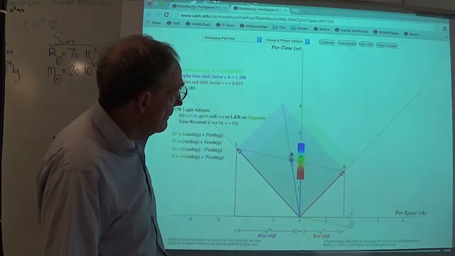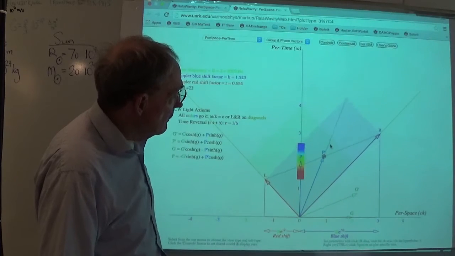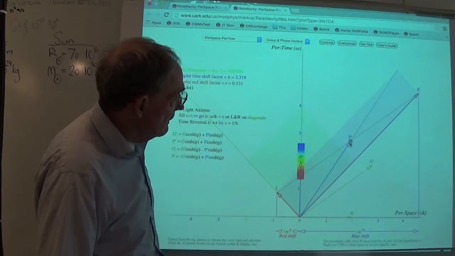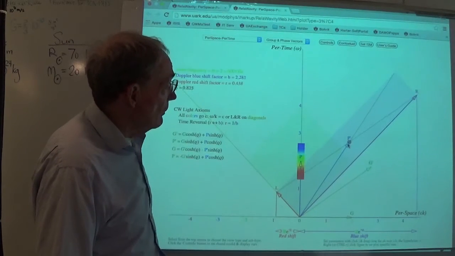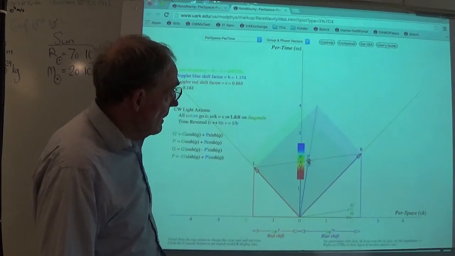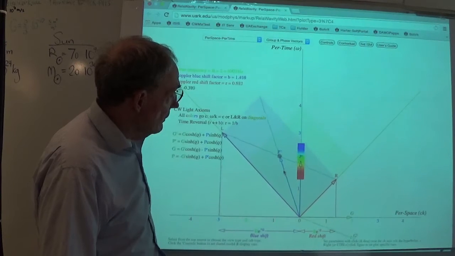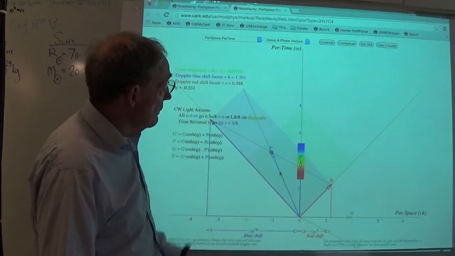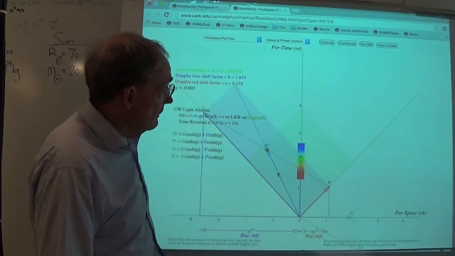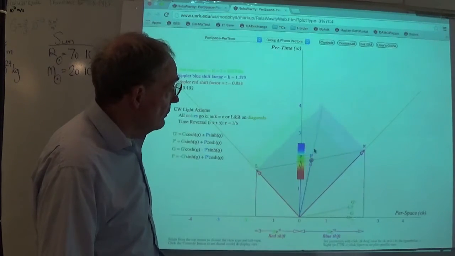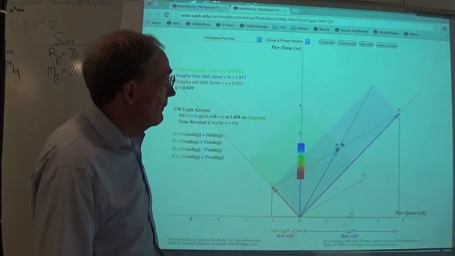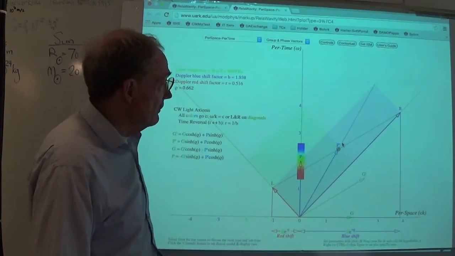You see that? Here they close up when we approach the speed of light in the positive direction, but then they open up like this as you go toward the speed of light going to the left. Okay? Just so you can see where these things can be, they're not always on this side, obviously.